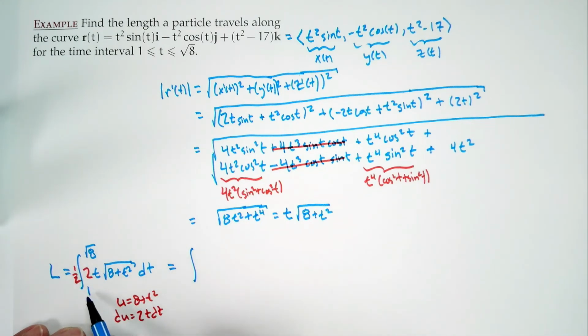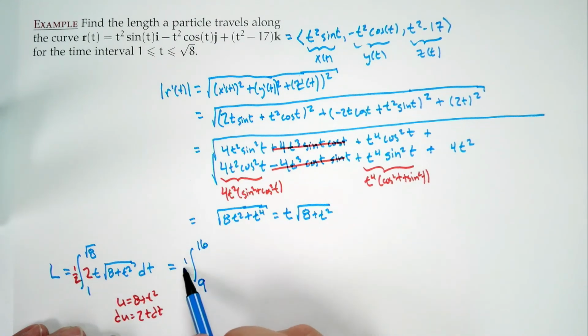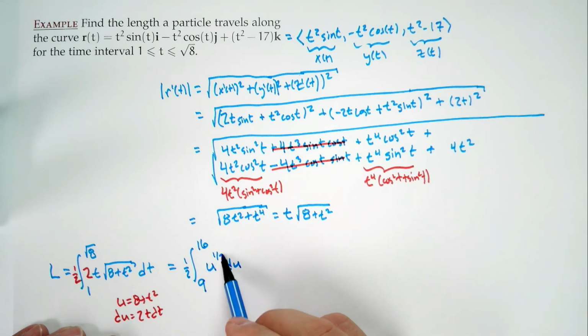So if t equals 1, u would be 8 plus 1 squared, meaning u would be 9. T equals root 8, u would be 8 plus square root of 8 squared. That's 8 plus 8, which is 16. We have the 1/2 in front. The 2t dt becomes du, and the square root of 8 plus t squared becomes u to the half.